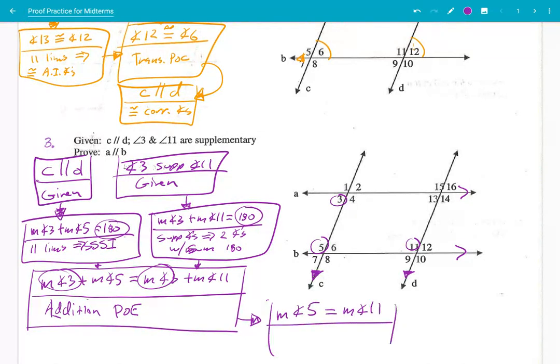This is going to be subtraction property of equality. Angle 5 and 11 are congruent. The measures are equal, so they're congruent. And I just proved what we already had, didn't I? I sure did.